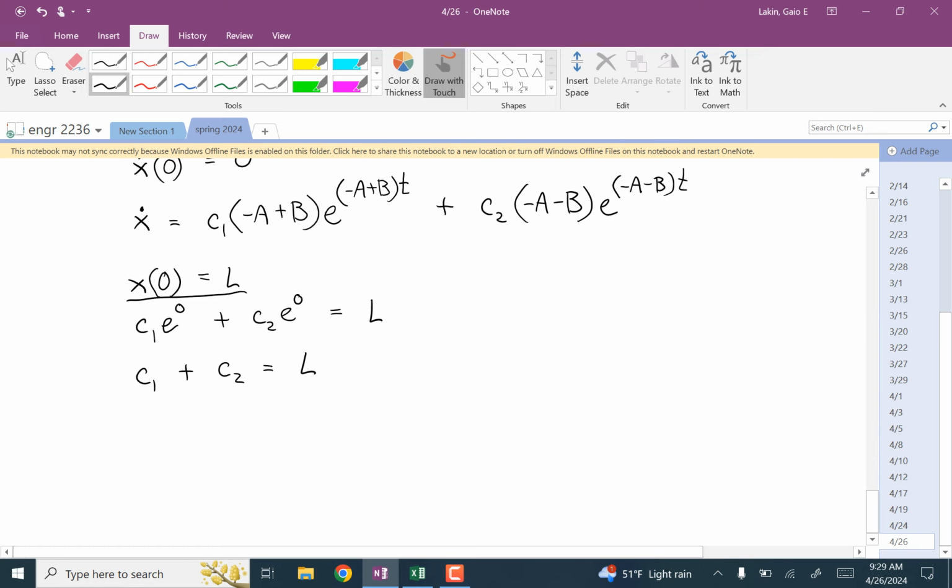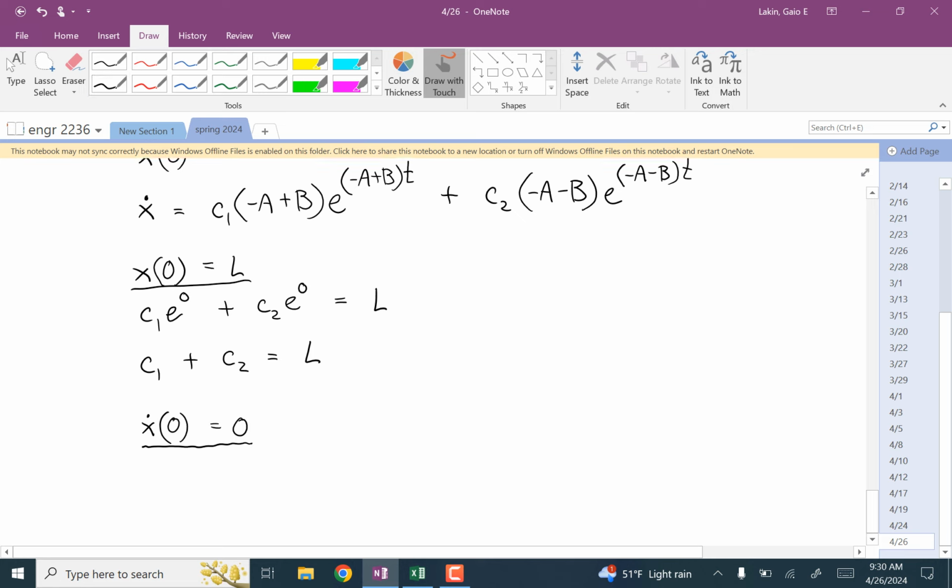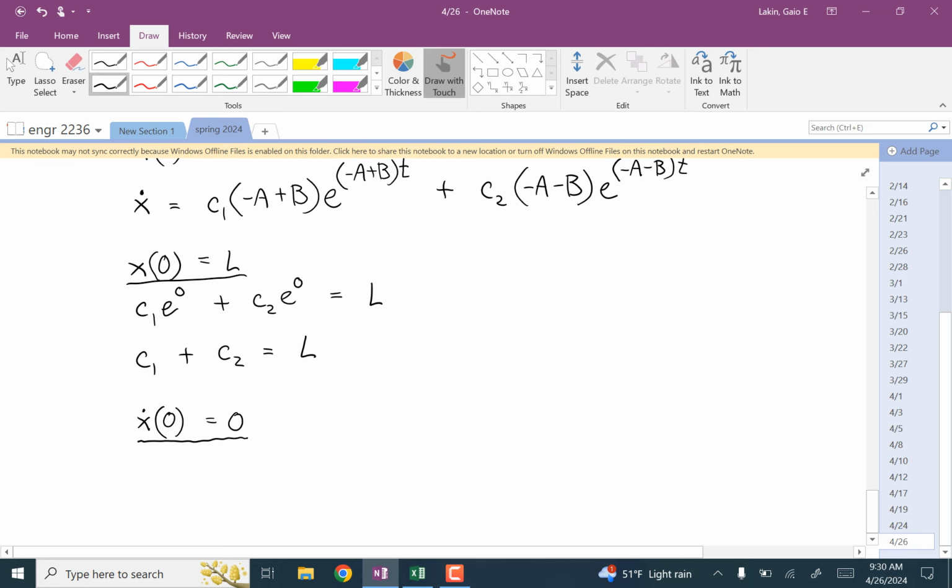I'm just going to do the second one, and then we'll solve these as a system. So the second boundary condition says x dot at 0 is equal to 0. Using that x dot equation, we have C1 times the quantity negative a plus b times e to the 0 power, plus C2 times negative a minus b times e to the 0, is equal to 0.